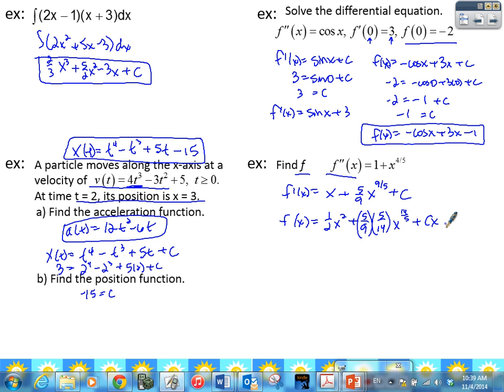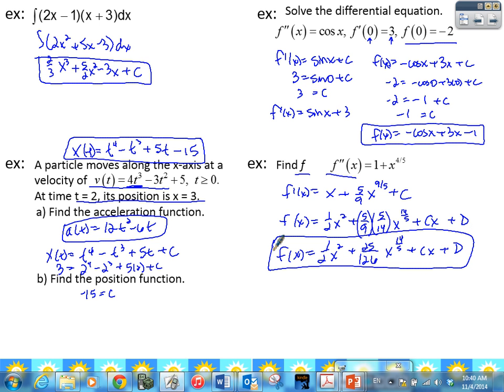And when we have used up c, we just go to the next alphabet letter, d. So plus d. So now it's just a matter of prettying up this poor little guy right here. So I have 1/2 x squared plus 25 over 126 x to the 14/5 plus cx plus d. And I know it's troubling that we don't know what c and d are, but sometimes we just can't know everything, right? We just can't know. All right, any questions?